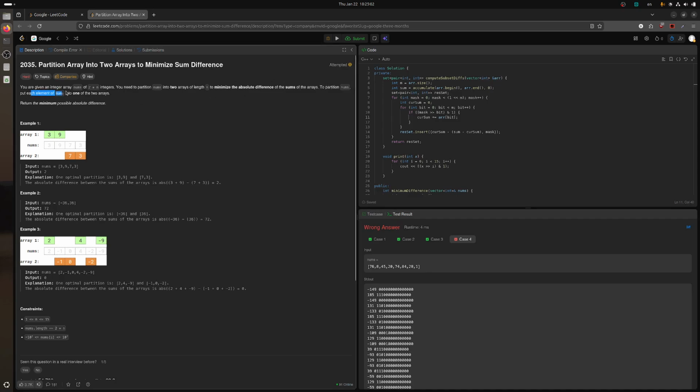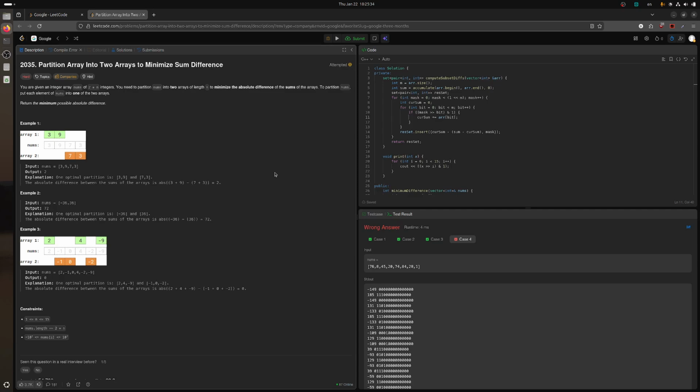Partition nums, put each element of nums into one of the two arrays. I don't understand what did I do wrong?